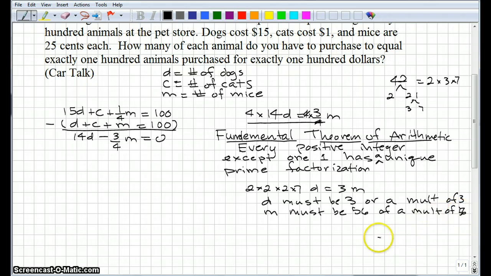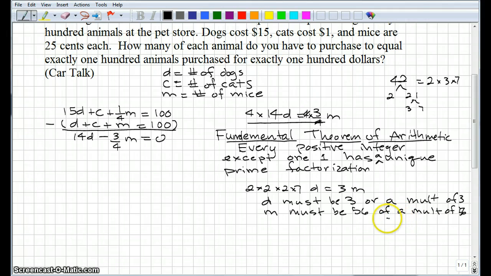Well, you can see too that m really can't be a multiple of 56, right? Because 2 times 56 would be 112, and we'd go over the number of 100. We don't go over 100 animals just with mice.